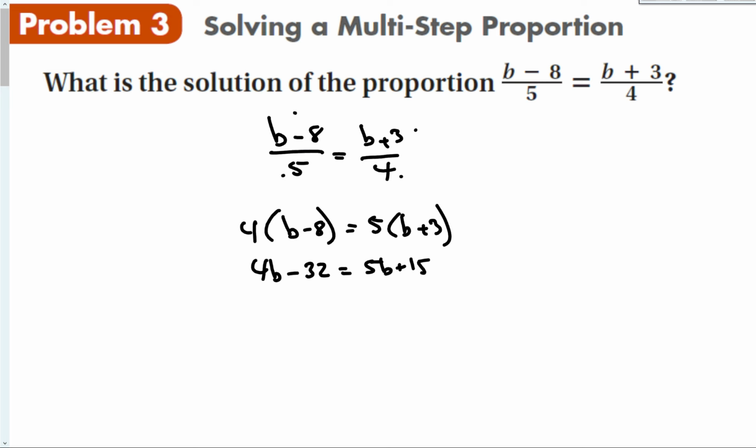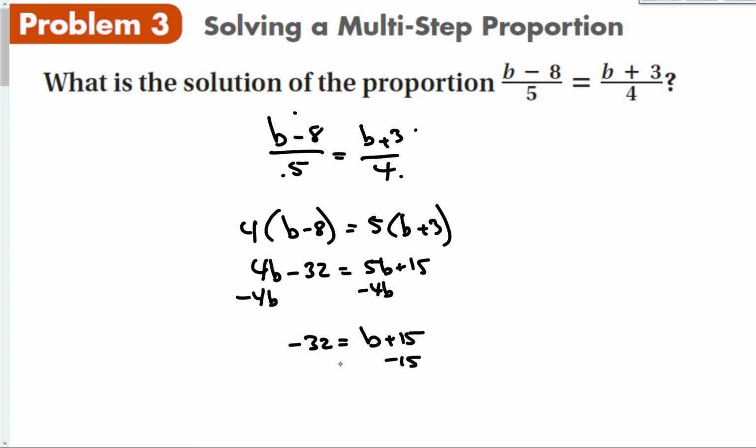And now we have an equation with variables on both sides. If you remember back to the previous lessons, we should always try to keep my variable positive. So I want to bring the smaller one to the bigger one. So I'm going to subtract 4b from both sides. That gives me negative 32 is equal to b plus 15.